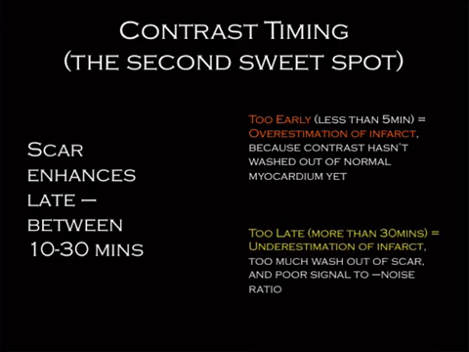Now, the opposite is true. If you image too late, let's say more than 30 minutes, the technologist falls asleep or is really involved in their Facebooking, you can underestimate the amount of infarct because eventually the contrast will wash out of the scar too.